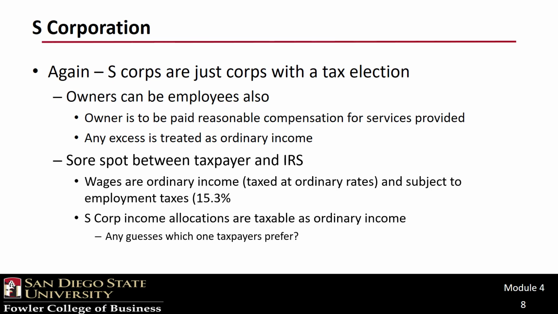This creates a friction point between the taxpayer and the IRS, as the taxpayer is likely to wish to minimize wages that are subject to employment taxes and maximize distributions which are not subject to employment taxes. The rules require that an S corp pay reasonable wages for the services performed. Let's look at an example of what causes the friction.